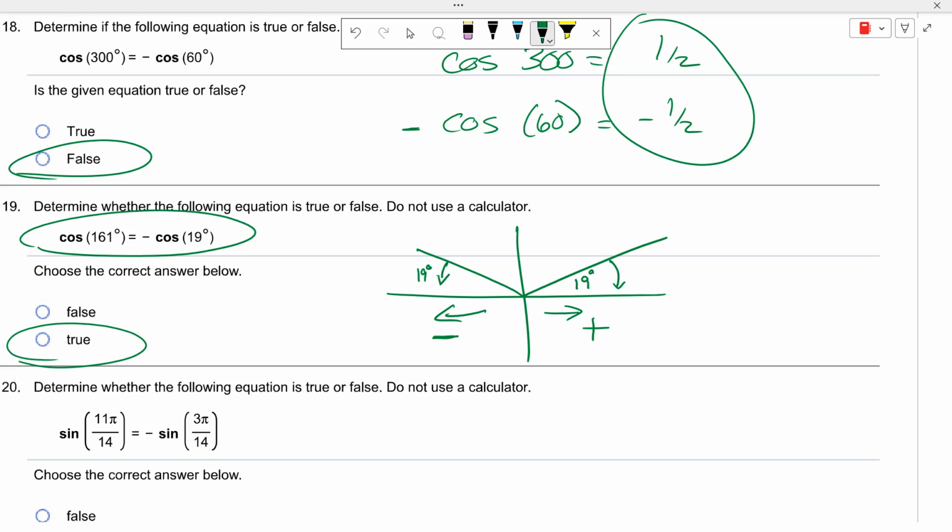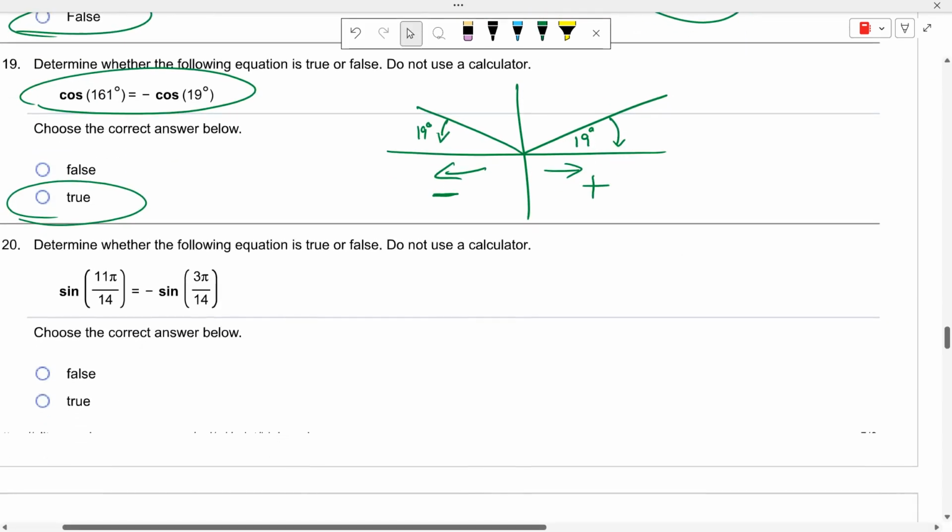They should be opposite signs if they're in quadrants 1 and 2. If cosines in quadrants 2 and 4, they should have the same sign. Here they were in 2 and 4. They should have the same sign. This said the opposite sign, so that's why it was false. These ones were in quadrants 1 and 2, so they should have opposite signs. It says opposite signs. That's true.